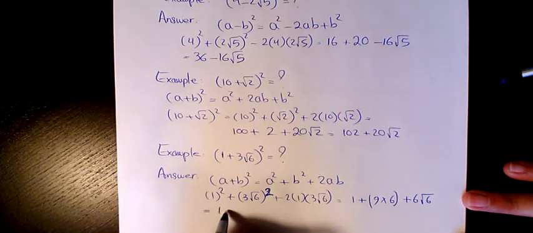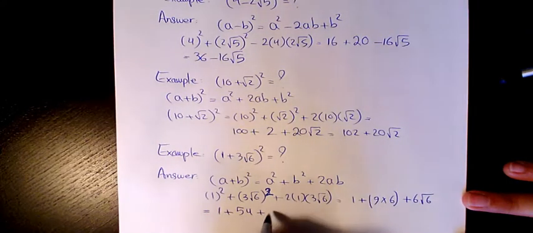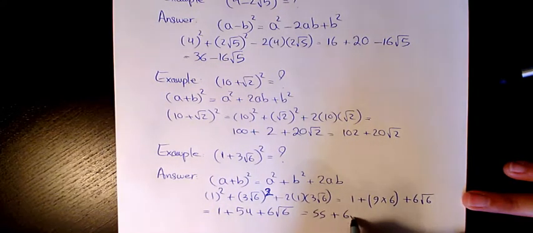Then it will be 1 plus 54 plus 6√6, which makes it 55 + 6√6.